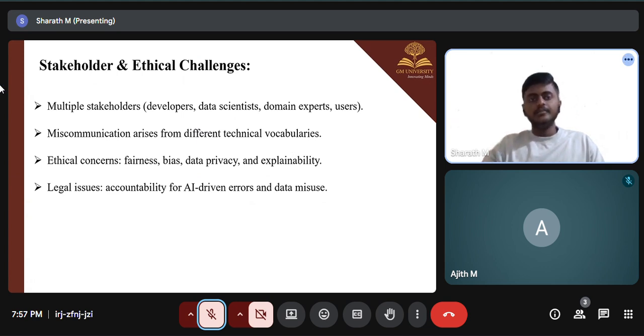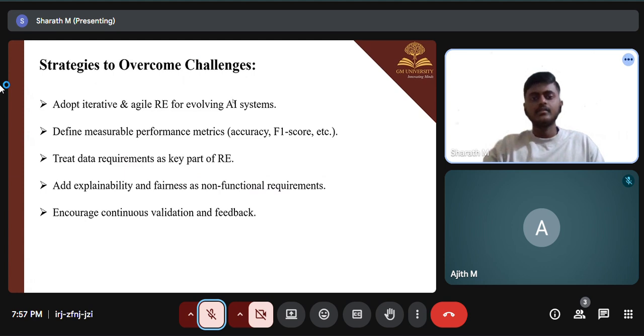Next slide, strategies to overcome challenges. To handle these issues effectively, certain strategies can be applied. We can adopt iterative or agile RE methods, which allow the requirements to evolve along with the AI system, and define clear measurable metrics such as accuracy or F1 score to help assess performance objectively.